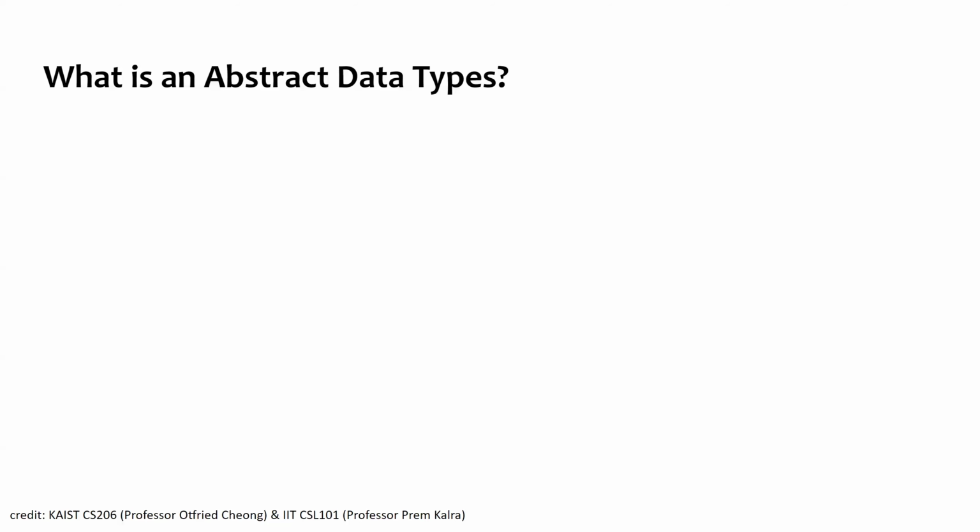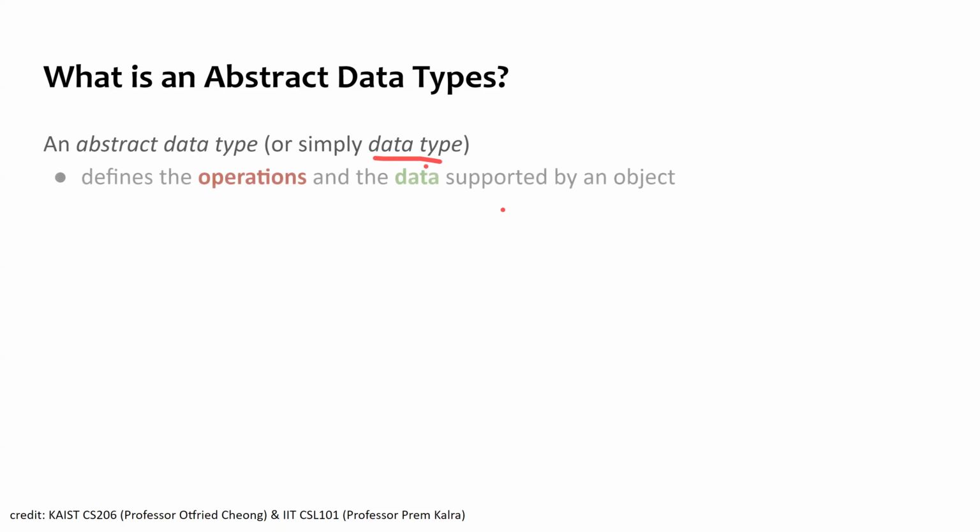Today's main topic is abstract data type. And what is an abstract data type? An abstract data type, or simply data type, defines the operations and the data supported by an object. Last time we talked about objects, and an abstract data type defines the behavior of that object we want to define.